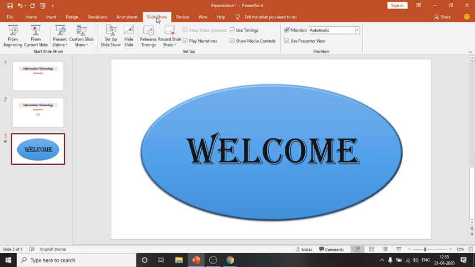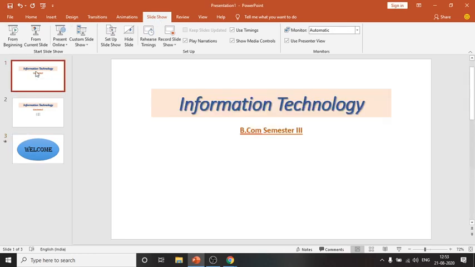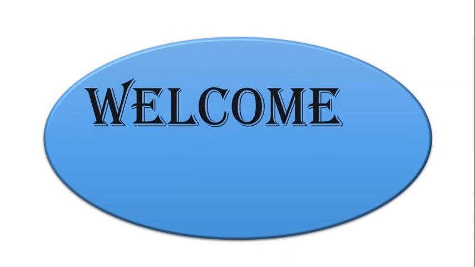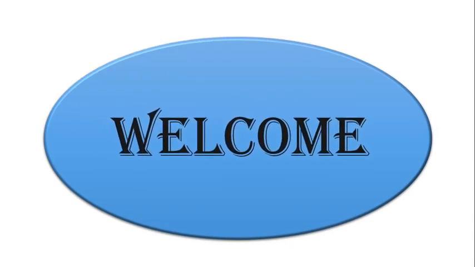So I repeat once again, how to do a slideshow. You can click here, you can go for the slideshow option. From beginning, you click here, and your slideshow will be started. You press enter, the next slide will come, press enter, and this is our third slide. If I press enter, the animated objects that we have given will come.